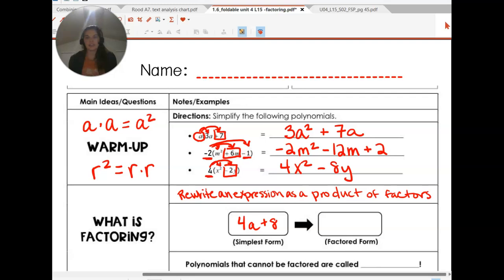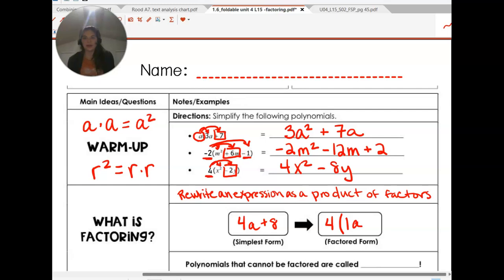So that means we can take this expression and factor out the greatest common factor. So 4 and 8, they both share a greatest common factor. The greatest common factor between 4 and 8 is 4. So we're going to pull it out of each of these terms. So 4, and then we use the parentheses, and then 4 divided by 4 is 1a, because a is not shared amongst both terms.